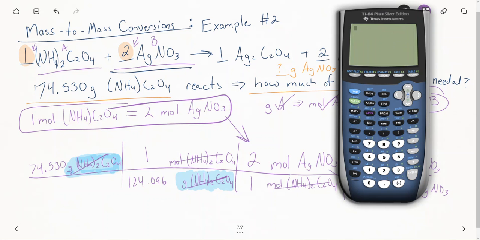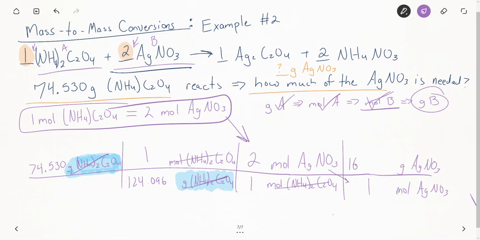For silver, I think that's 100. Let's see, 107.87. There's just one of those, plus a single nitrogen, plus 3 oxygens, 169.874 grams. Let me make sure I copied that correctly. Okay.